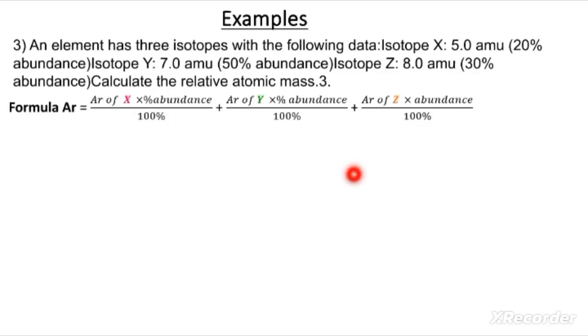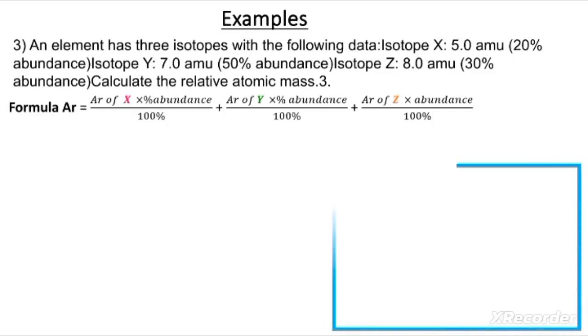So as usual, the next thing that we are going to do is to identify the values that we are going to plug in the formula. Let us come up with data first. Data collection.